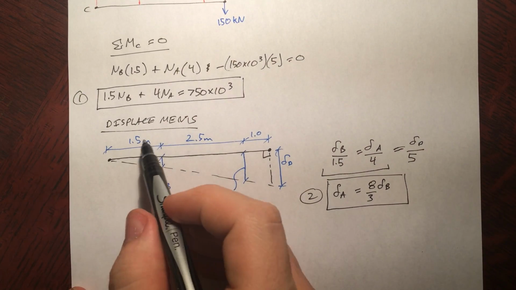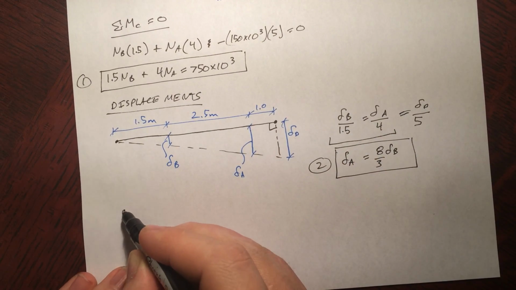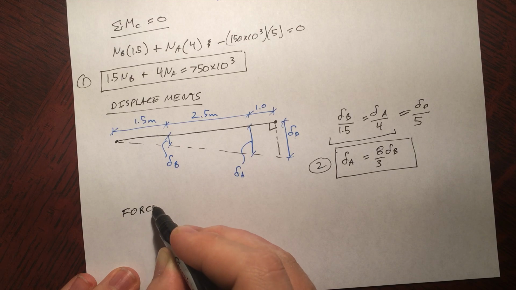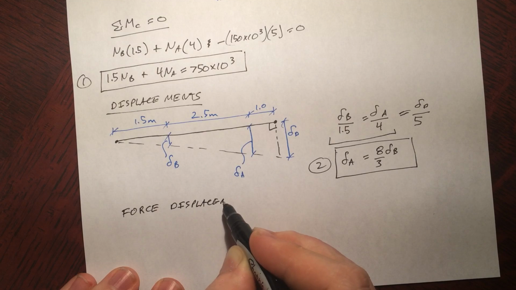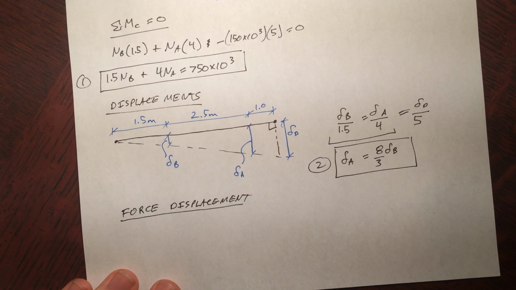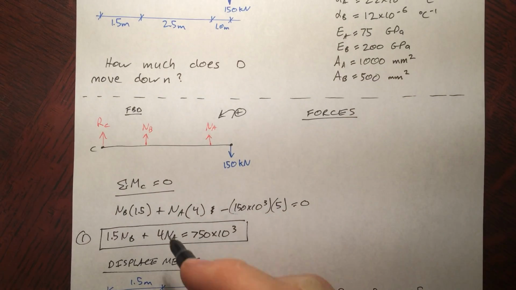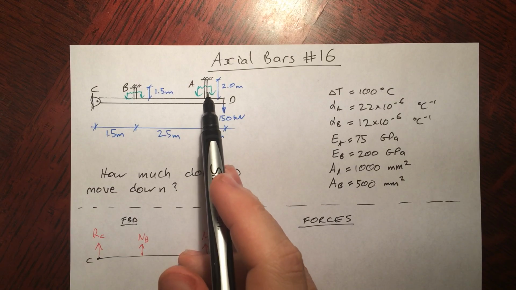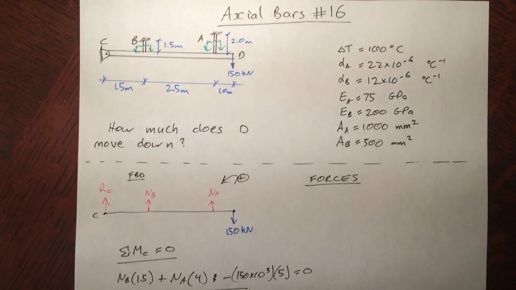Now, this is displacement. Let's move into force displacement. Here we have two considerations, because previously we've only had forces causing a displacement on these bars. But now we have an increase in temperature as well, and that's also going to result in some displacement.